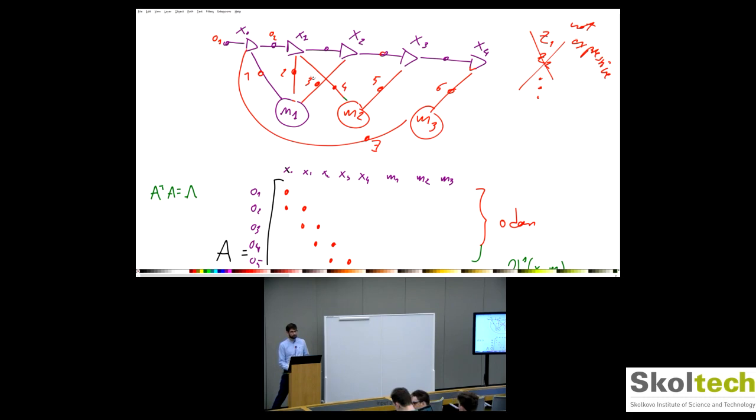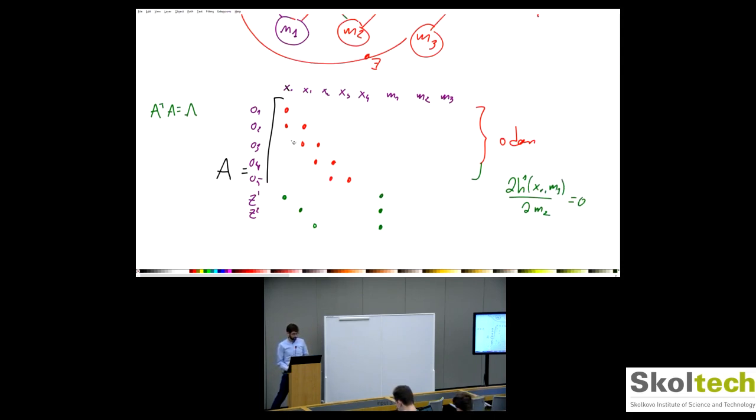If there's a different order in how you are putting things, is this going to affect the solution? Who says yes, it's going to be different? Who says no, it's not going to be different? Okay, you are right, it's not going to be different. And what is the reason for that?